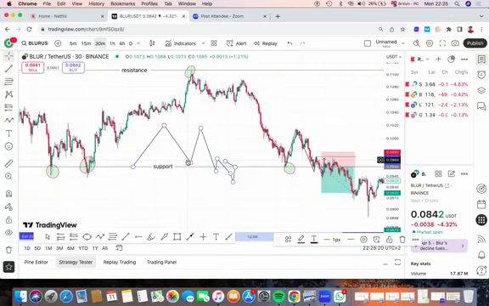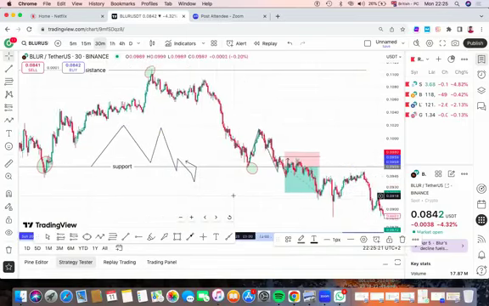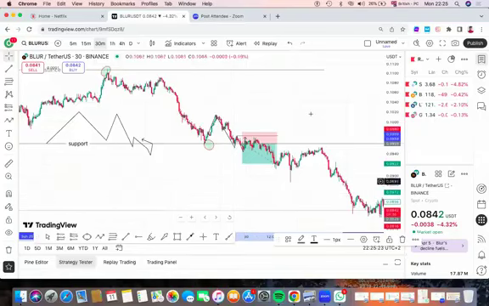So it could be a head and shoulders. It could be, we taught other patterns in our previous classes, which probably in our upcoming classes, we will show you other patterns you can trade. Okay.